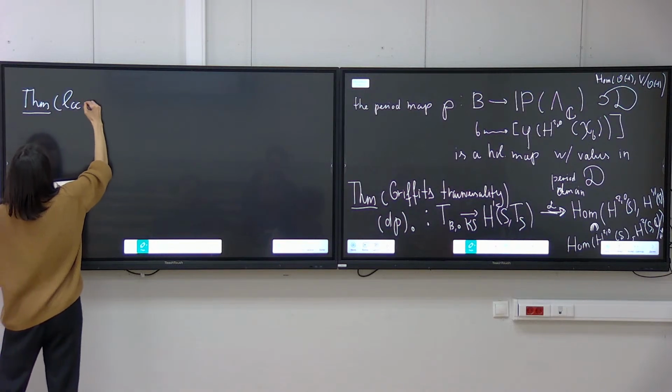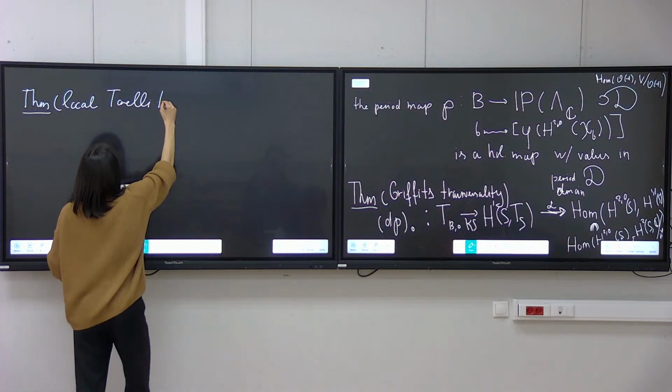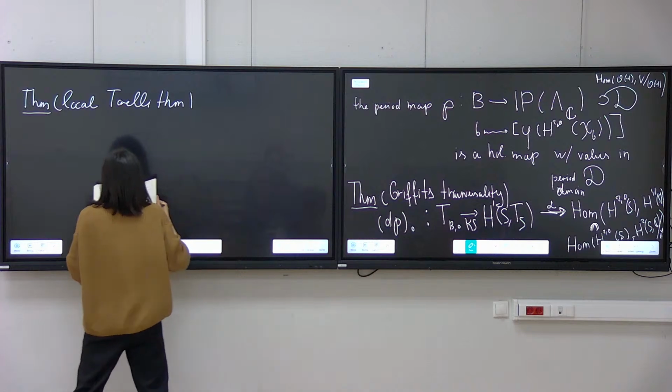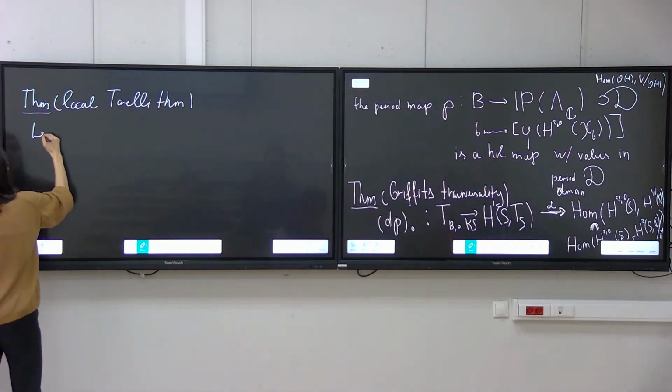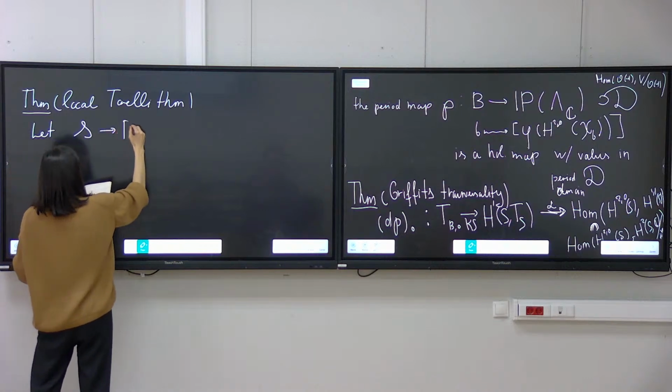the so-called local theorem. So we have already discussed that for a K3 surface there exists a universal deformation.